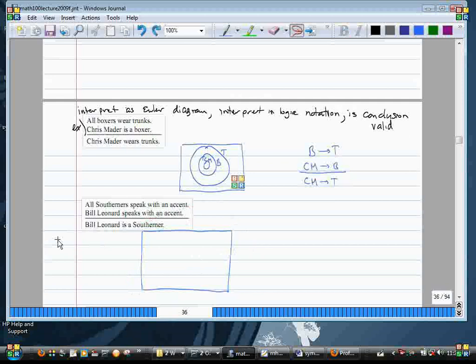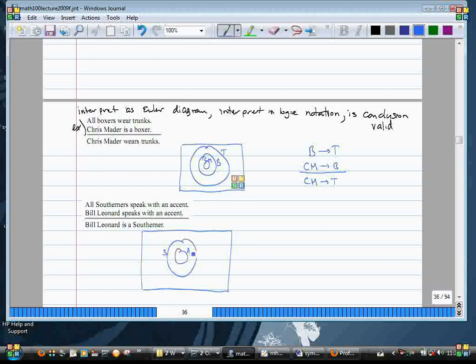Alright, so what does the picture look like? Okay. So what's the first circle I should draw? Southerners. Okay. And then what's the next circle I should draw? Speaks with an accent. And where does that circle go? Okay.